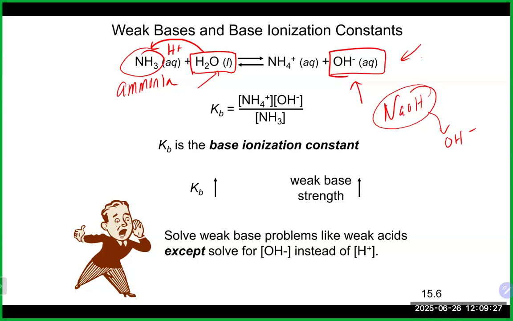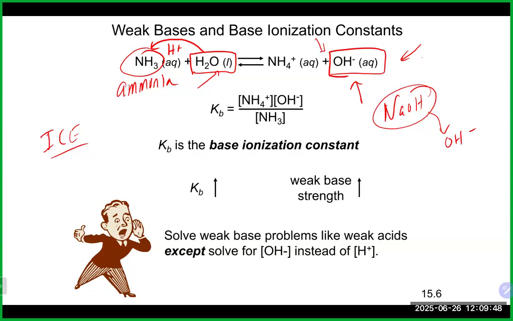Now, to solve these problems, once again, because it is a weak base, it will set up this equilibrium. So once again, to solve for the pH, we need to do an ICE table in this case. The main difference, though, is if you look at your reaction here, you have hydroxide and not H plus.